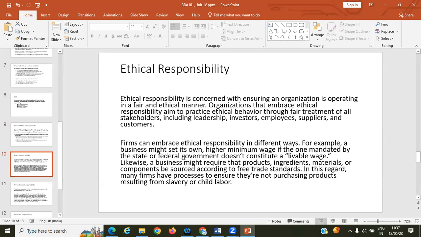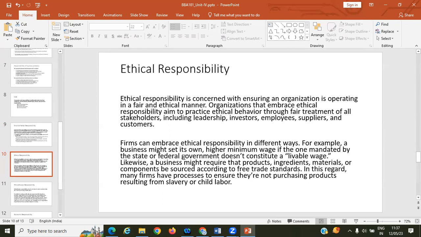On that unethical practice for the different industry. So you have to think about different investors, employees, suppliers, and customers, how to improve the ethical practice of your organization. Otherwise, what is happening?